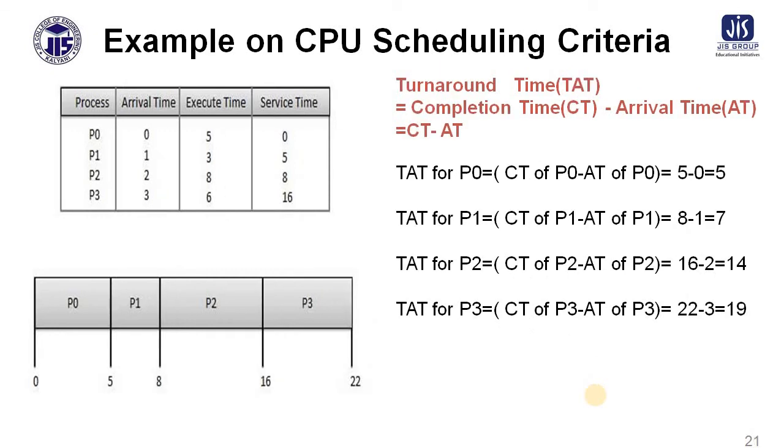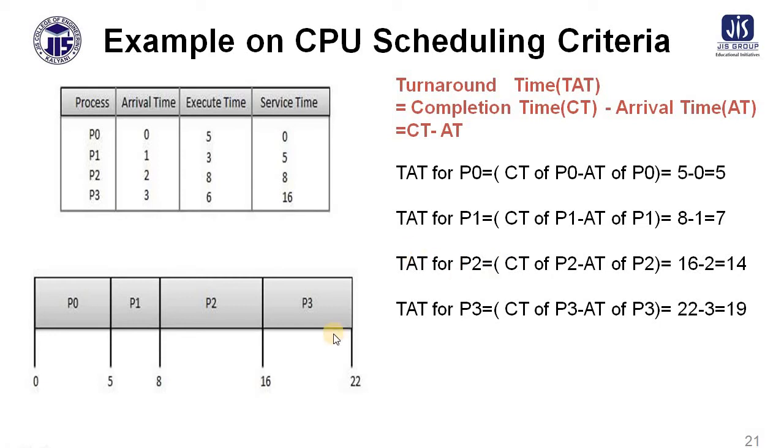Similarly, turnaround time. From this diagram, process 0 completes its execution at time 5. So completion time 5 minus arrival time 0 is 5. For process 1, completion time is 8. So 8 minus arrival time 1 is 7.